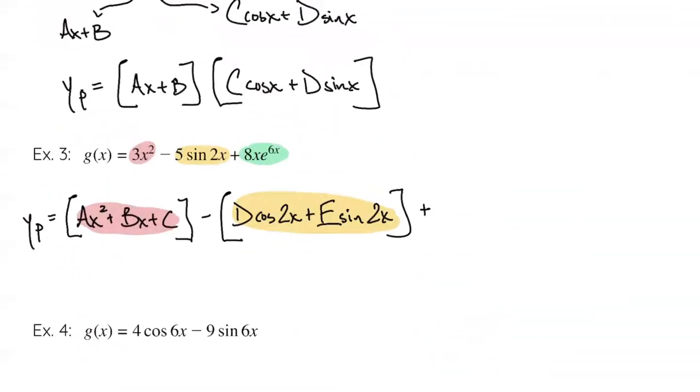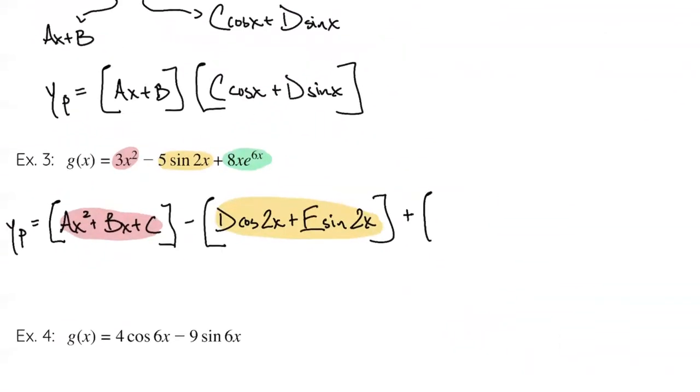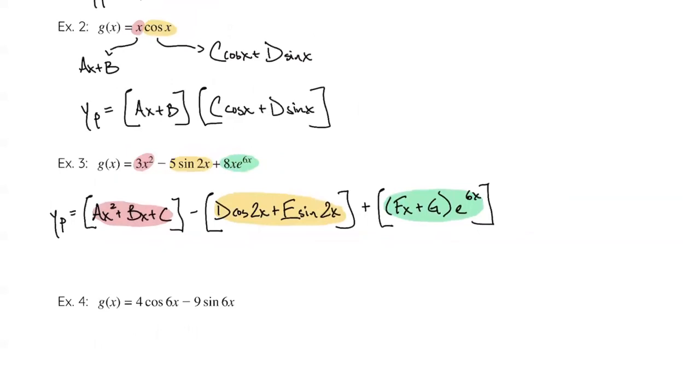And so if we go back down here, we can say AX, oh, already used the A. So what letter are we on now? FX plus G e to the 6x. This would be the part that comes from the third term. Okay. So if we have pluses or minuses, that's how we handle those.